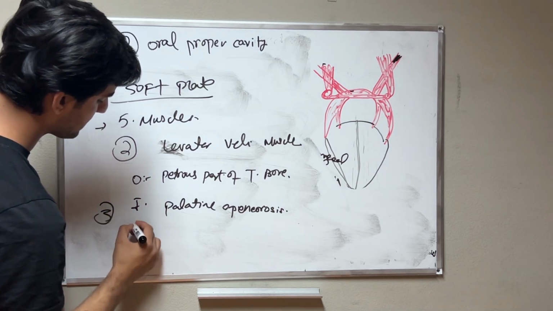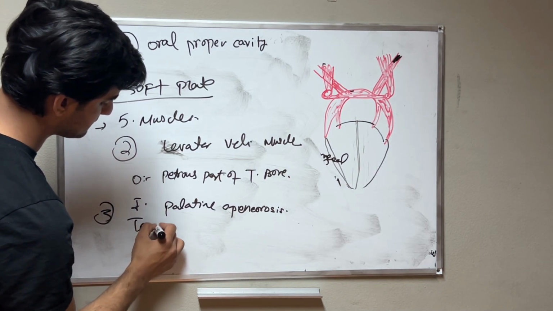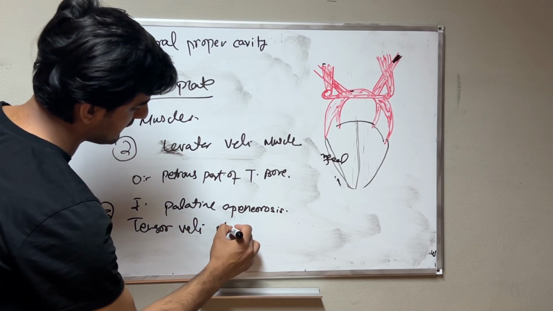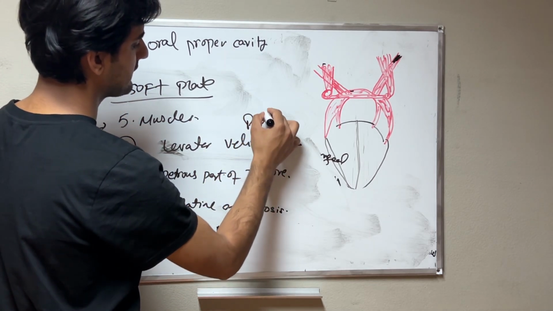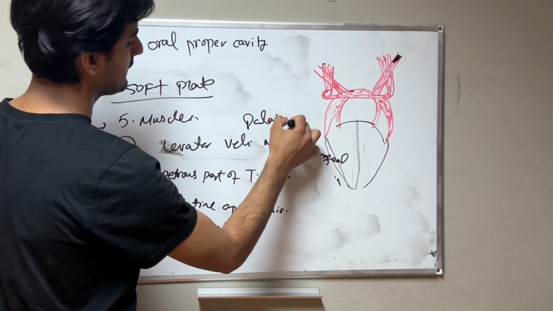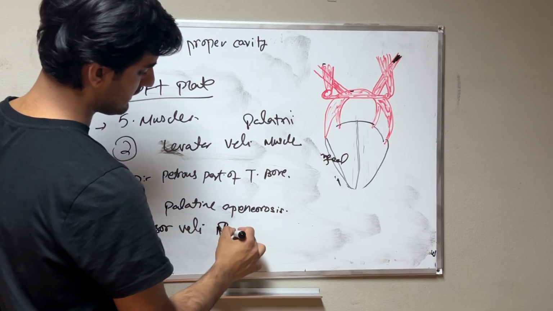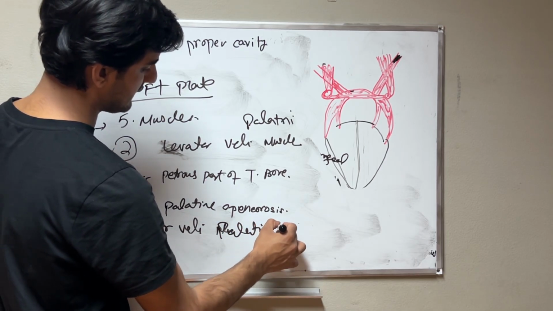The third muscle we have is the tensor veli palatini muscle.